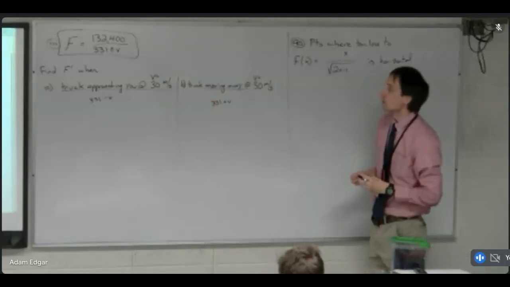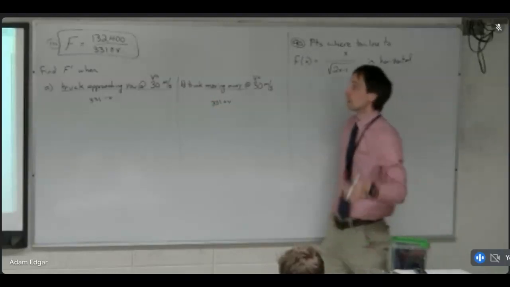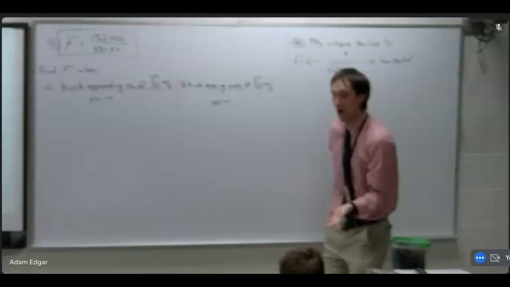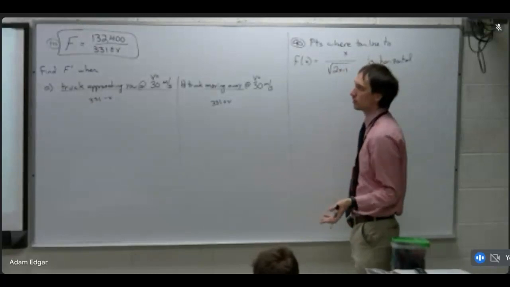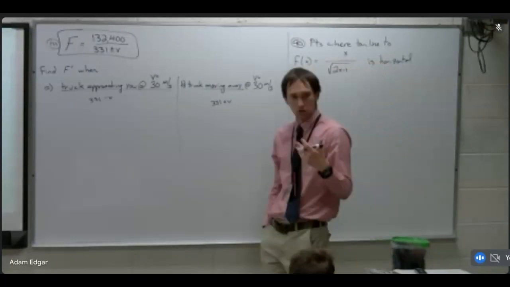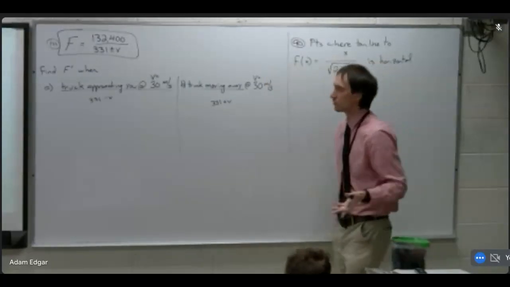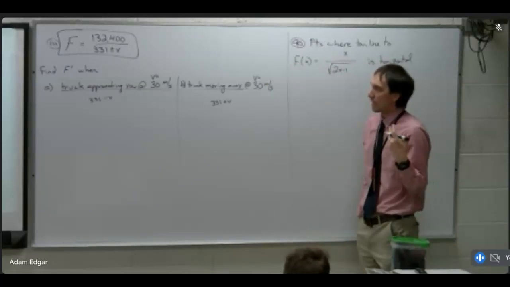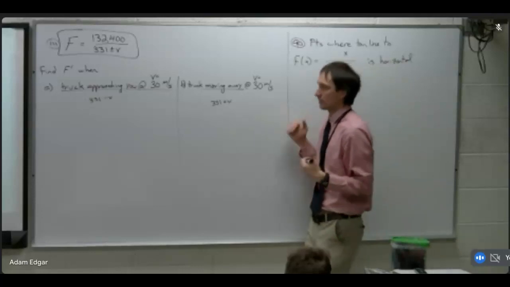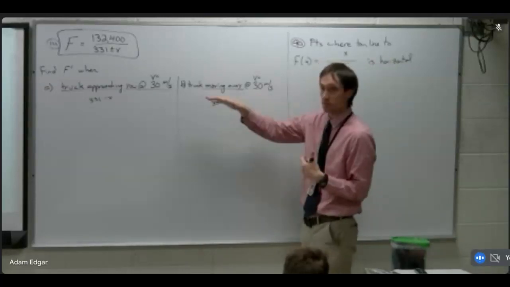So what you need to do in 111 is figure out f prime and then plug in 30 to your f prime equation to see the rate of change of the frequency, how the frequency is changing as the truck comes towards you, and then as the truck moves away from you at that speed.